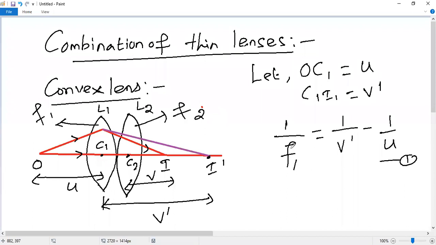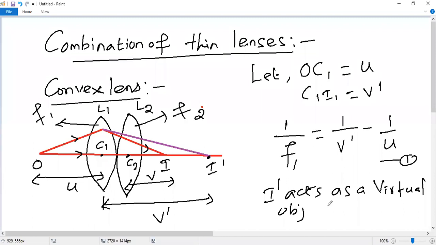It will act as a virtual object. So u equal to v dash for the second lens. This is for L2, the second lens.